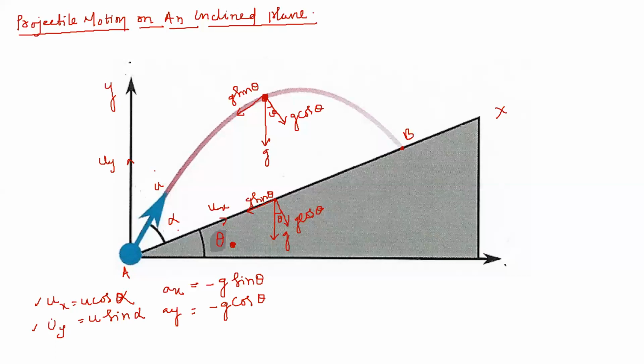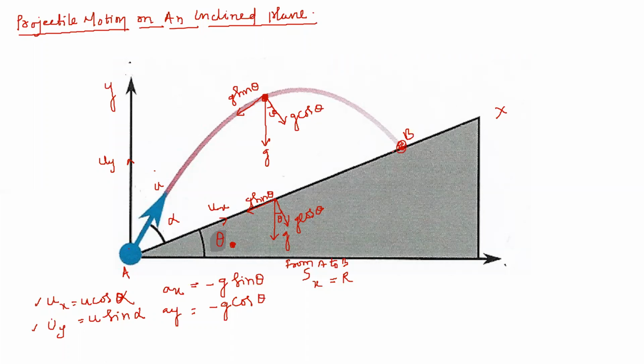And students, from A to B, I want to find the range. Let that be sx, and that is equal to R. We want to find the distance from A to B. Here the body is projected from this point and reaches this point, so there is no vertical displacement.